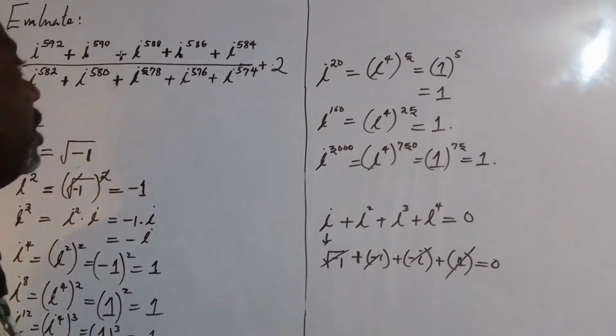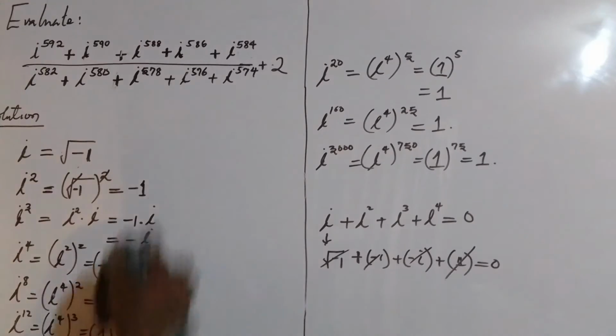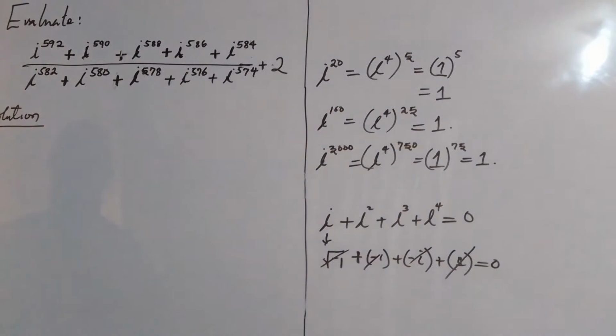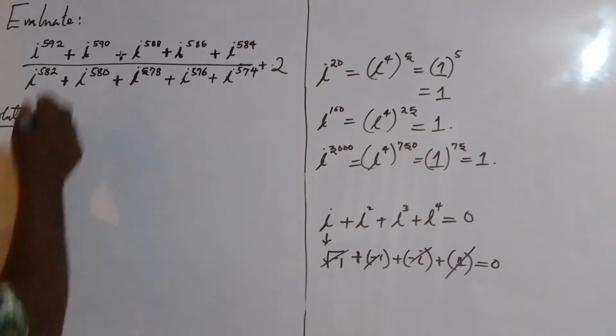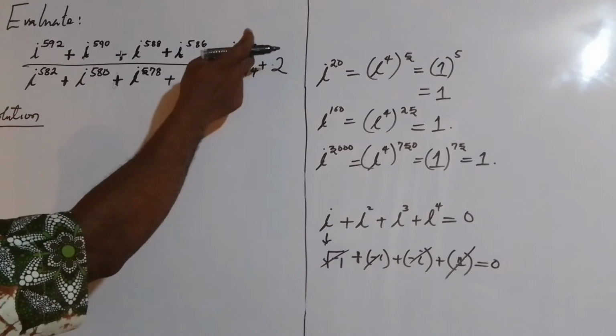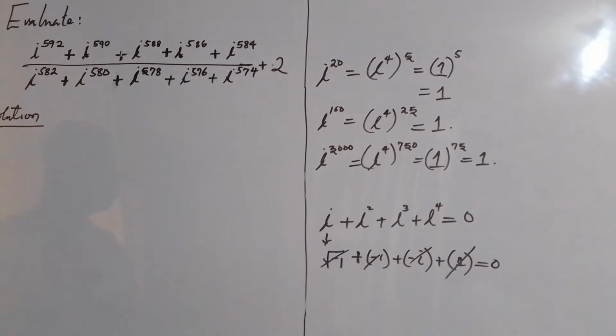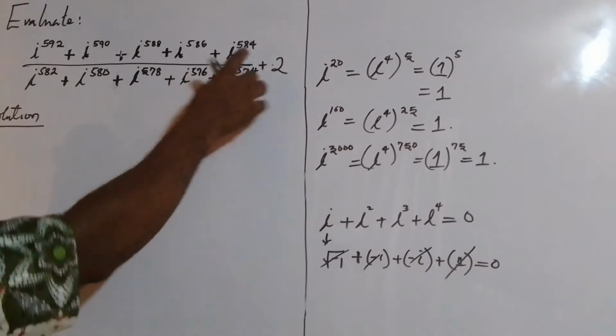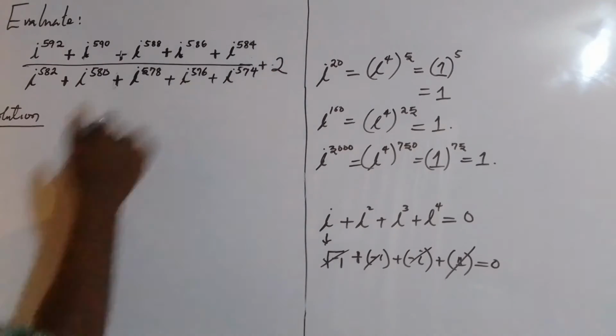So how do we now evaluate this? Very easy. What I'm going to do now is to first look for common factors at the numerator and the denominator. There is a common factor, and the lowest power there will give us the common factor.